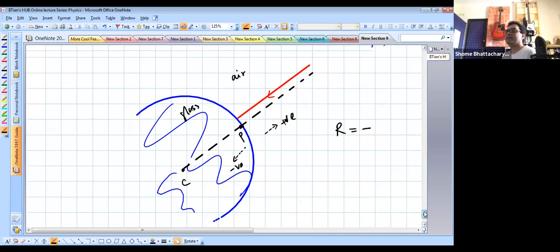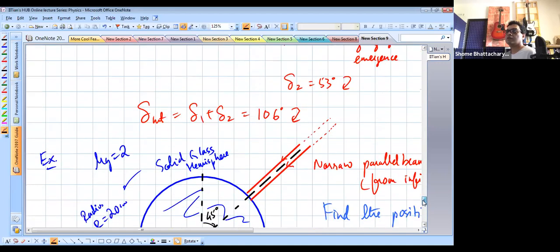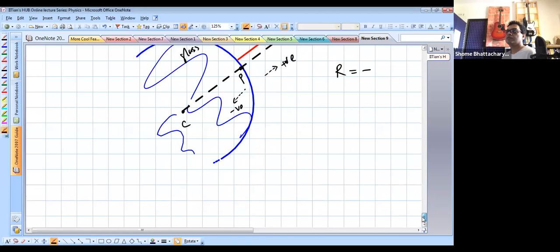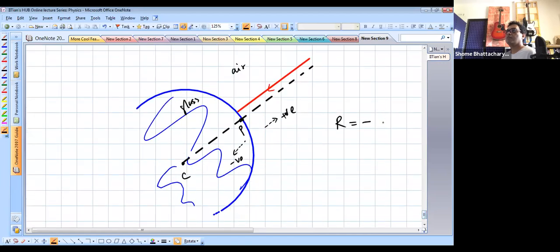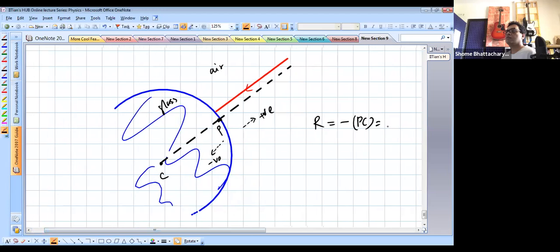How much did I take? 10 centimeters or 20 centimeters. So minus 20 centimeters. And u I'll take as infinity because the incident ray is parallel to the principal axis.